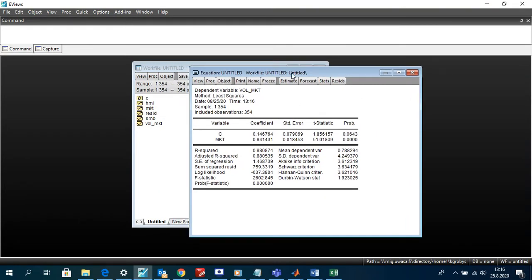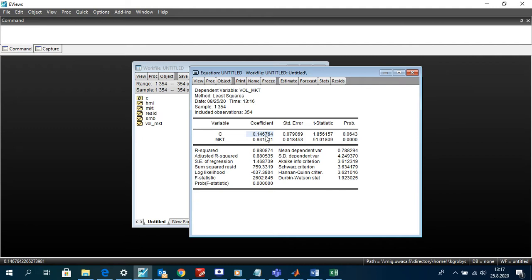What we see is that the market factor explains 88% of the variation of the volatility-managed factor. The loading against the market factor is 0.94, which is not surprising because they're highly correlated. And the intercept term is 0.15, so 0.15% per month is unexplained.